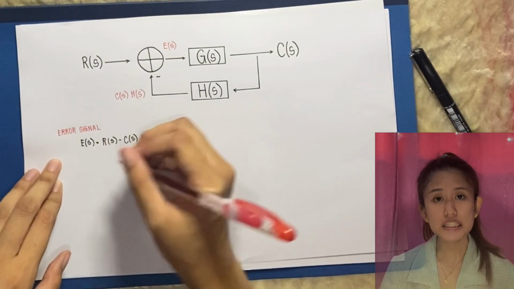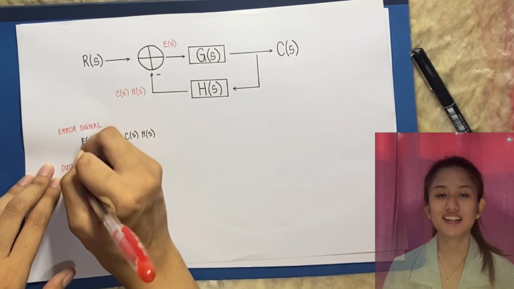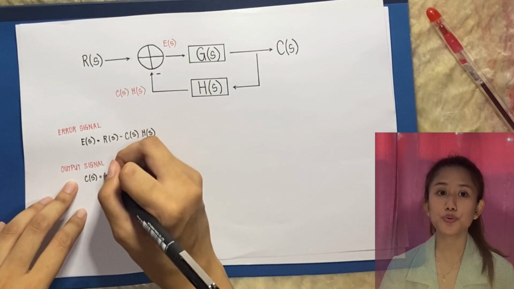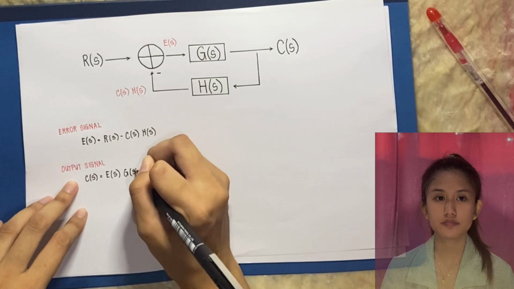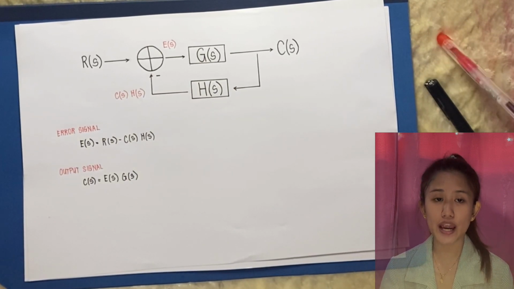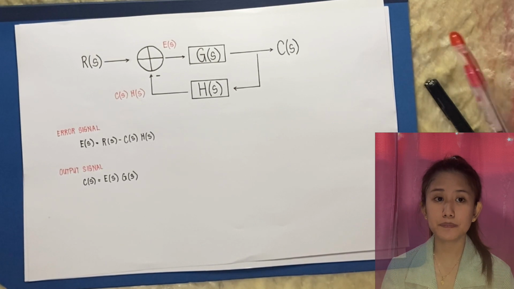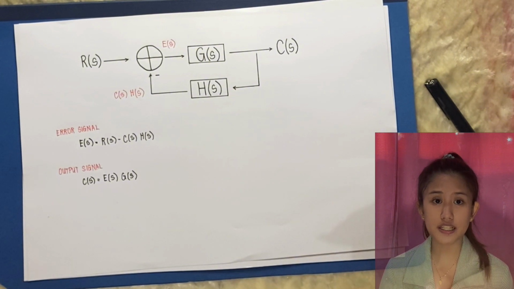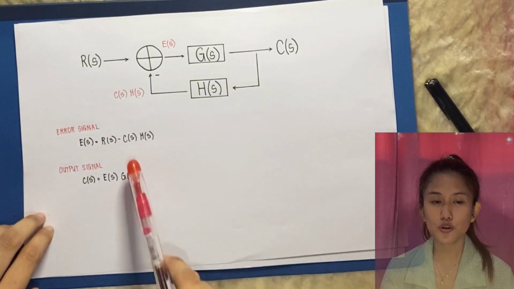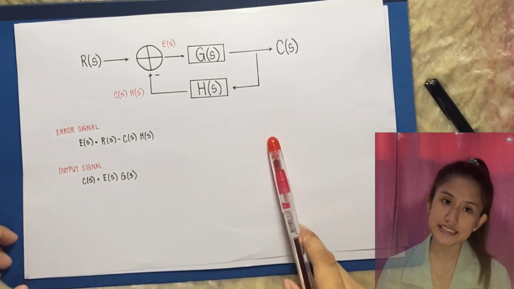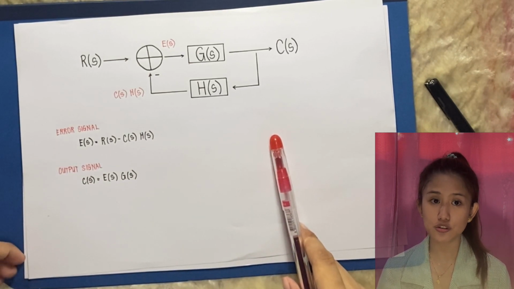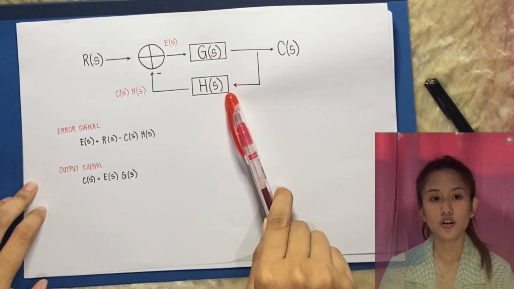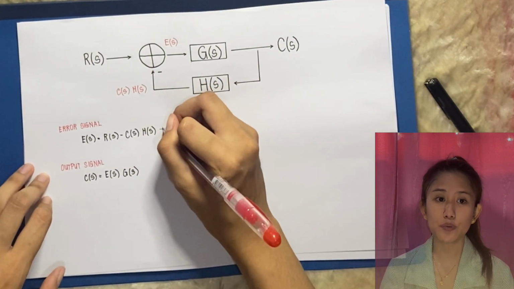So now, what is my output signal? The output signal C of S is equal to E of S into G of S. Now, we have E of S with respect to H of S and G of S. So all we want is to eliminate C of S, and we want to know how E of S is expressed in terms of R of S, G of S, and H of S. So now, we'll be placing C of S into the equation of error signal.